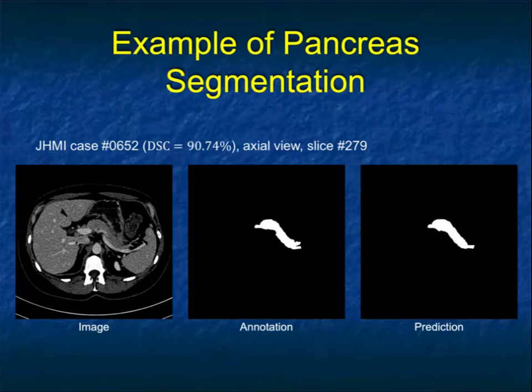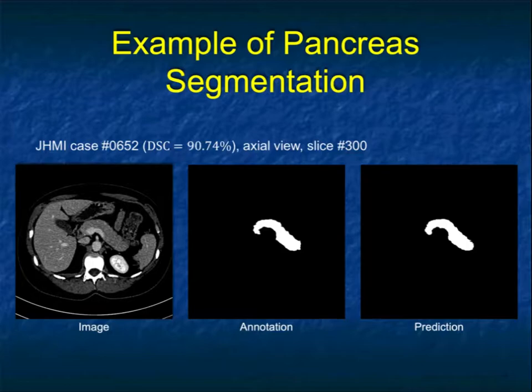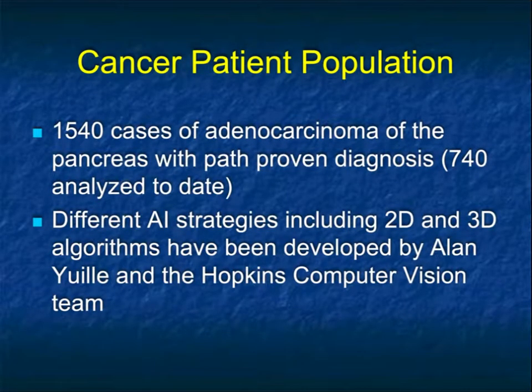Again, very nicely one-to-one correlation. Even in this case, we have the patient's portal vein, splenic vein confluence, which you recognize with the pancreas. The computer recognized it, as did our annotators. Again, one-to-one.